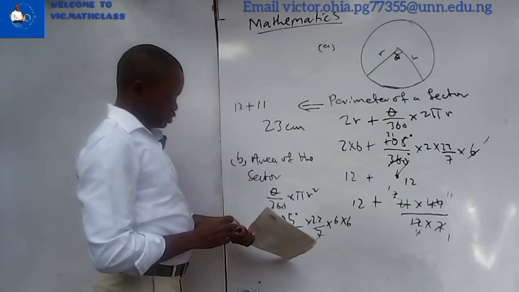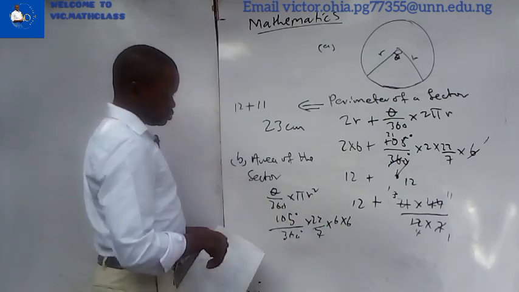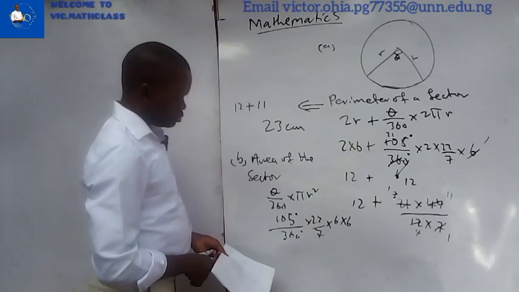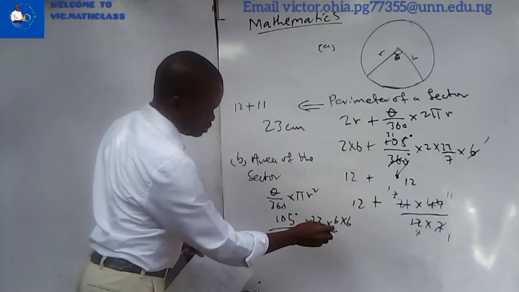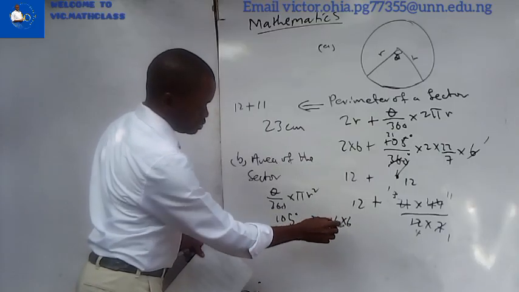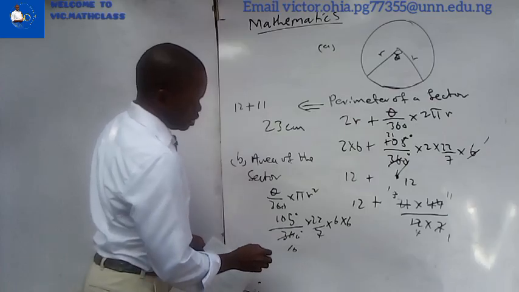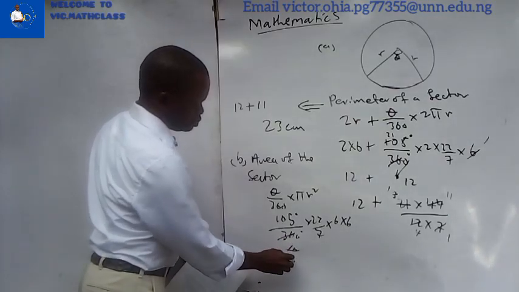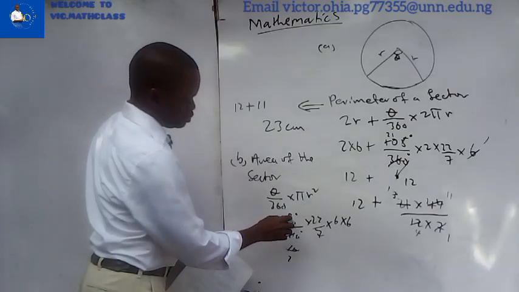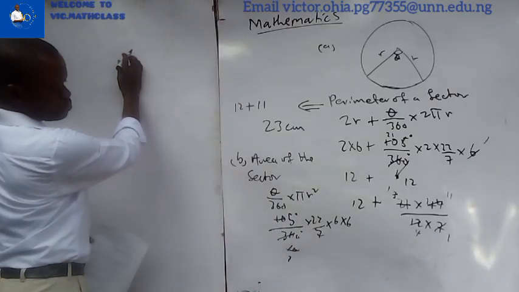Of course, if you look here, 6 times 6 is 36. 36 can take away 36 here. You have 10 left. And then 5 into 10 is 2, 5 into 105 is 21.